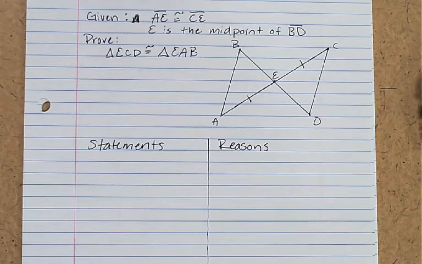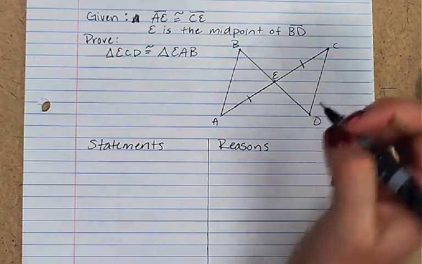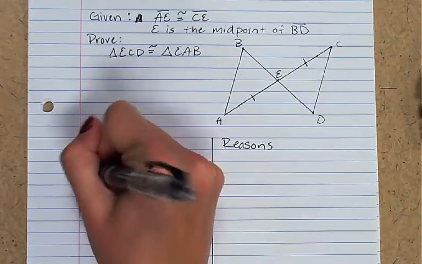And then it says E is the midpoint of BD, and we need to prove that triangle ECD is congruent to triangle EAB. Like I said, when you're doing SAS, all you need are 3 things. That's it. 3 things are congruent, and boom, your triangles are congruent. Now it does matter which ones, so let's start getting some stuff down here and see which things we need.